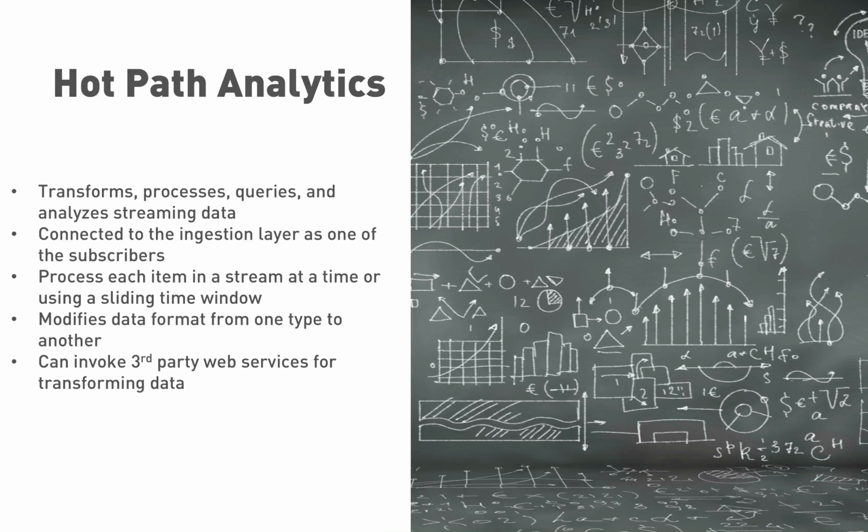From storage, data typically passes through one of the channels called hot path analytics. This is where we transform, process, query, and analyze streaming data. An example of this is a connected car that is sending the current latitude and longitude. We are going to acquire the data in real time and call another web service that will transform the latitude longitude data point into a zip code.